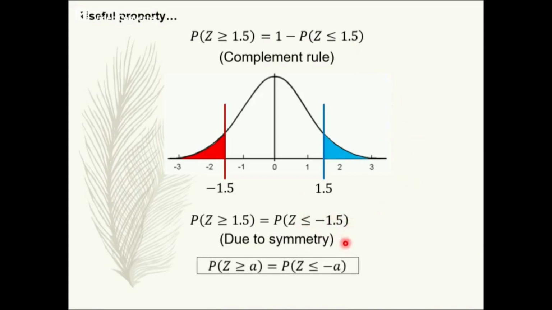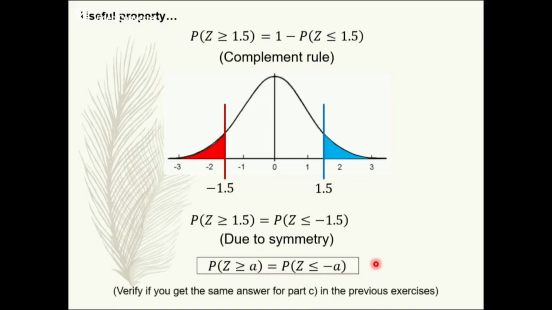In general, if you have some value A and you want to find the area to the right, it's exactly the same as the area to the left of minus A. This property comes in handy sometimes. If you go back to the exercise that I gave you, part C is one of these. Have a look and see if you work it out this way, will you get the same answer?